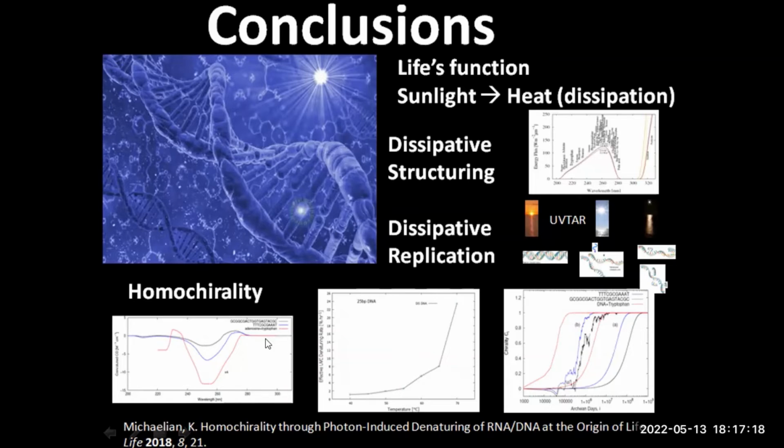If we have right-handed circular polarized light in the afternoon, it absorbs a little bit more, so that gives rise to a little bit more denaturing. And because the effect is temperature dependent, and in the afternoon the temperature is greater, we get a much greater denaturing of right-handed DNA compared to left-handed DNA. And so over time, we have come to this homochirality in which all of the molecules have the same chirality.